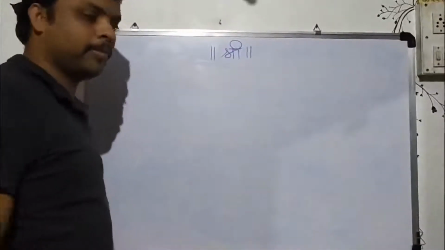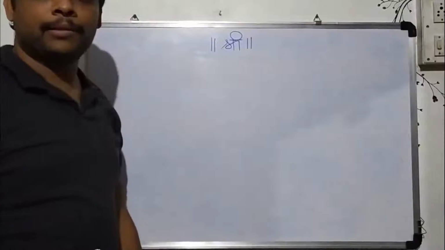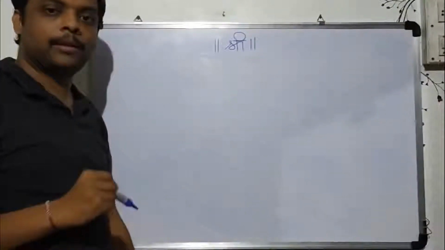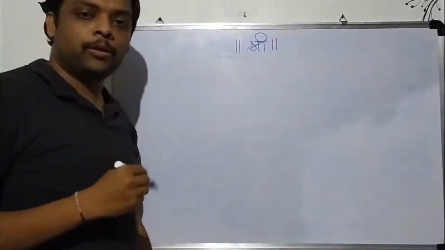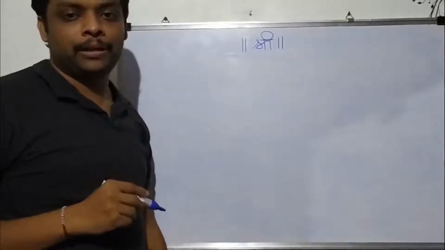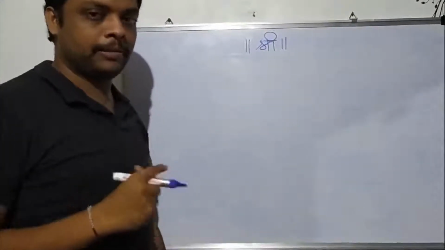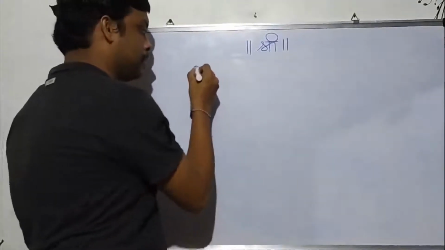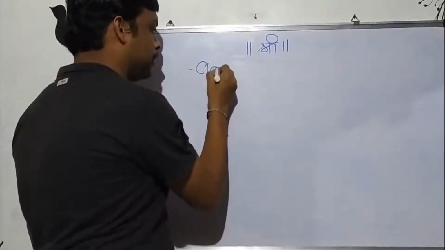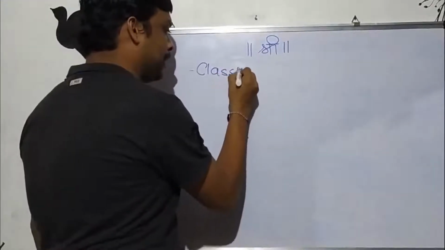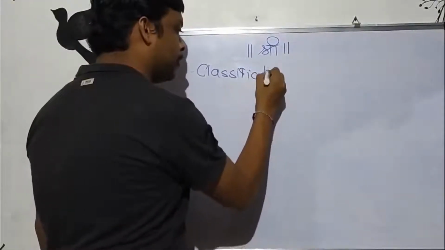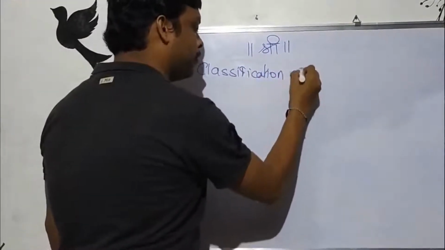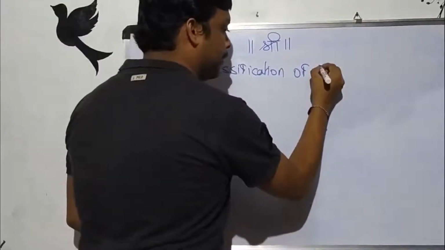Hello everybody. In our previous lecture we have discussed introduction of finite automata with the help of one example. So our today's topic of discussion is classification of finite automata.